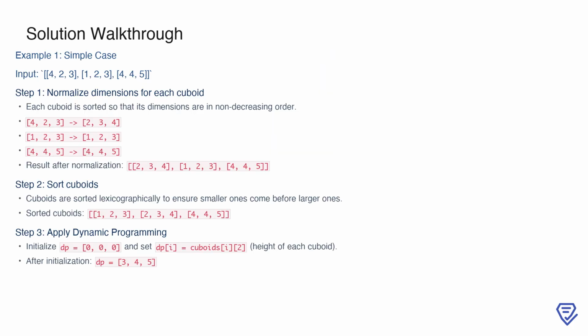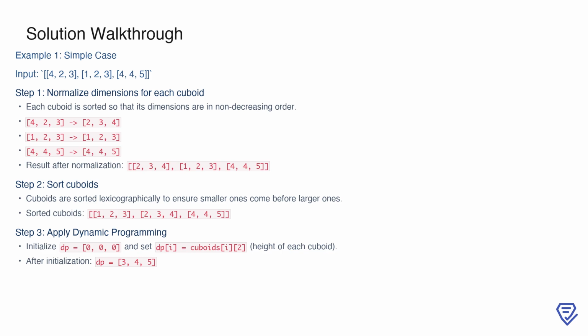To solve this problem, we first need to normalize the dimensions of each cuboid. Normalization means sorting the dimensions of each cuboid in non-decreasing order. For example, the cuboid with dimensions 4, 2, 3 becomes 2, 3, 4, while 1, 2, 3 and 4, 4, 5 remain unchanged since they are already sorted.